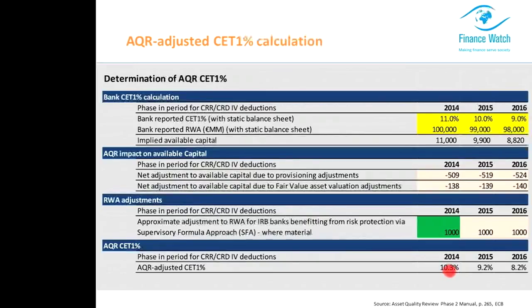And at the end we have AQR adjusted common equity tier 1, which is here, and as you see, from 11%, those adjustments are reducing it to 10.3%, so there's a reduction of 0.7%. And at the end of 2016, we are landing with an AQR adjusted Common Equity Tier 1 of 8.2%, which is still meeting the threshold, but it's very close.